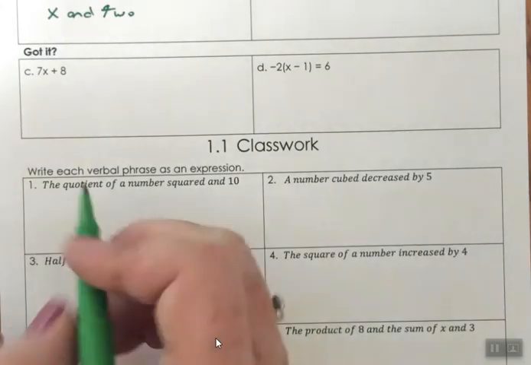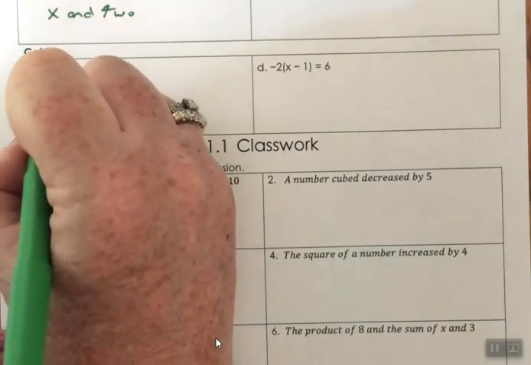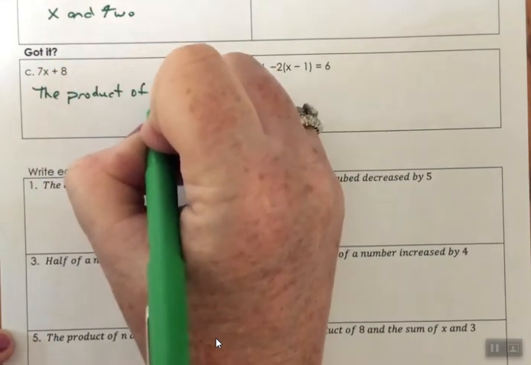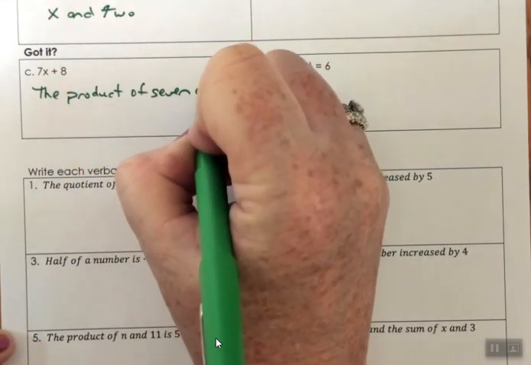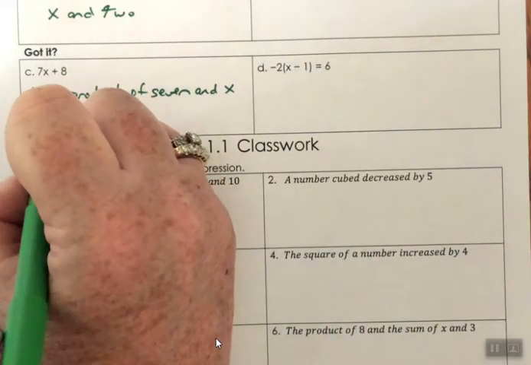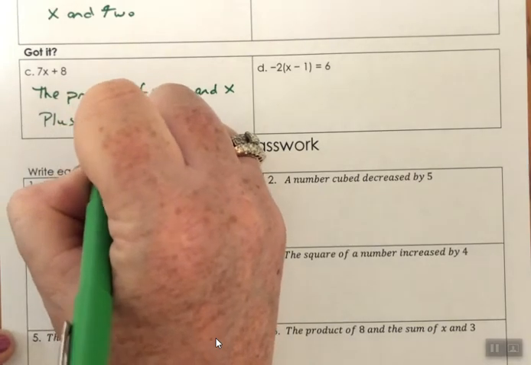Alrighty, so we could say something like the product of 7 and x plus 8.